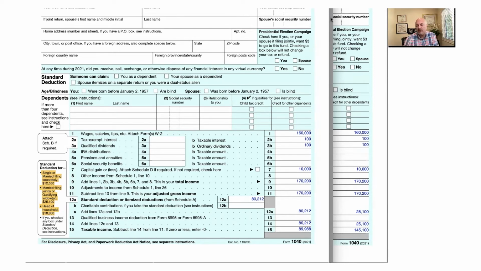On the right-hand side, we see that we had the $160 of wages, $100 of interest income, dividend income, another $100, capital gains of $10,000, and the adjusted gross income was $170,200, which is also the case when you have the itemized deductions. But the real difference is on the itemized deductions, you have $80,212, but in the previous example, we had a standard deduction of $25,100.